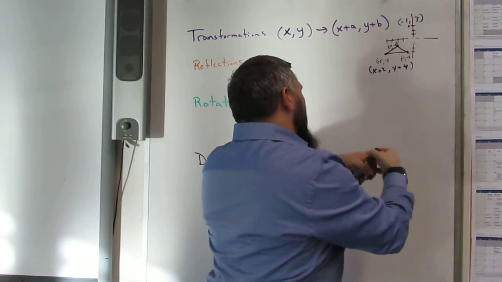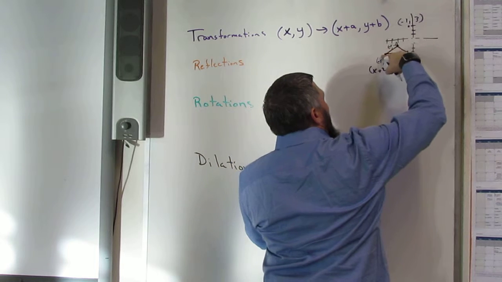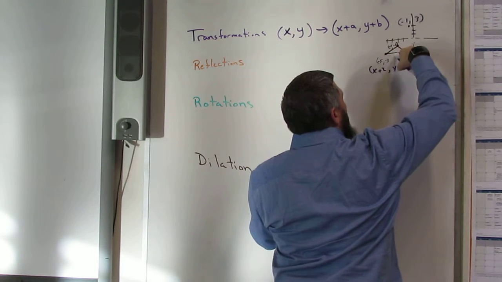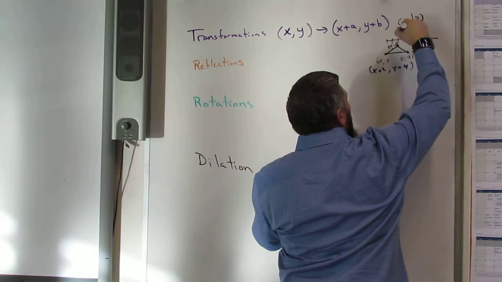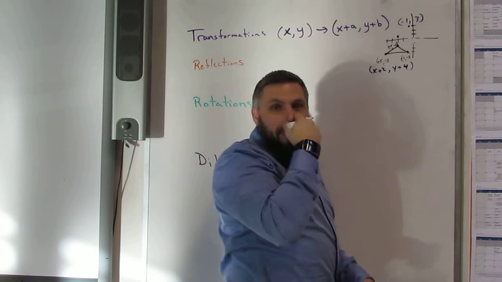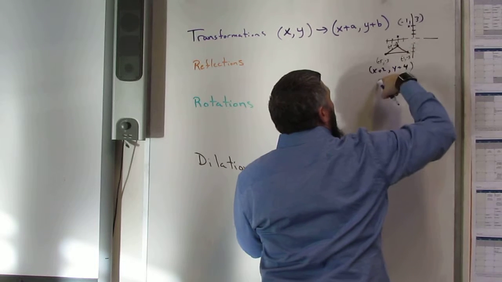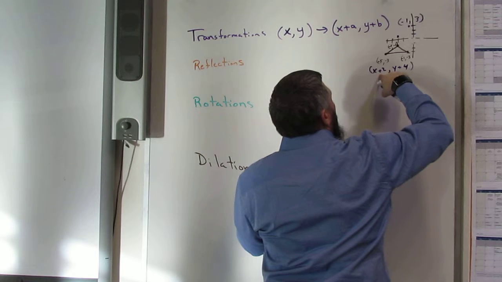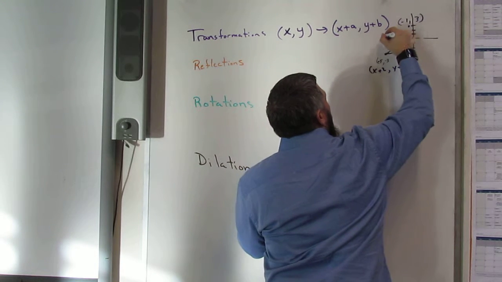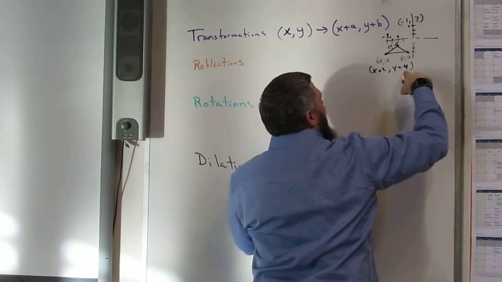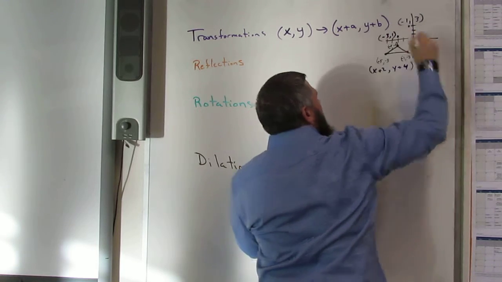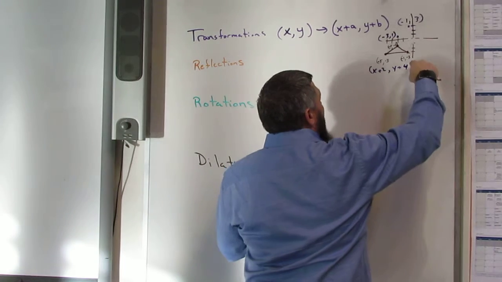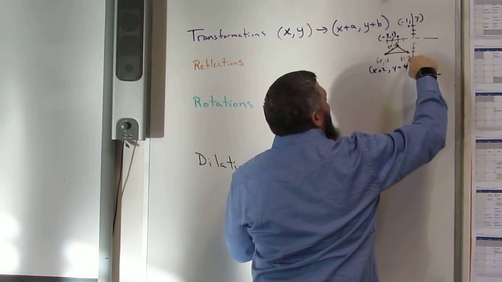Now I'm going to move this point right 2 and up 4, which means that would just become: right 2 would be a -3, and up 4 would be a 1. And then this one, I'm going to do the same thing.